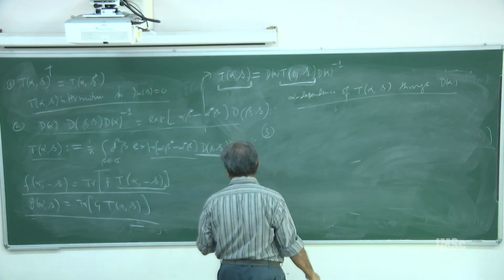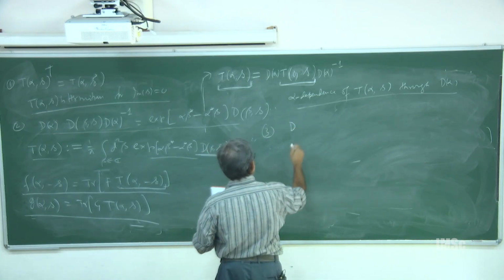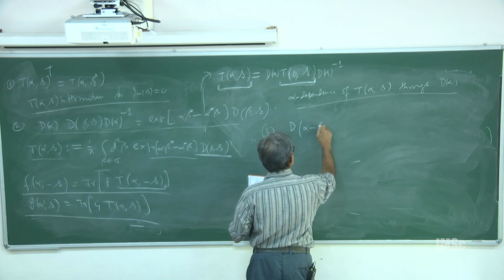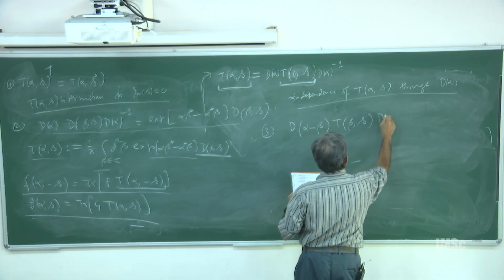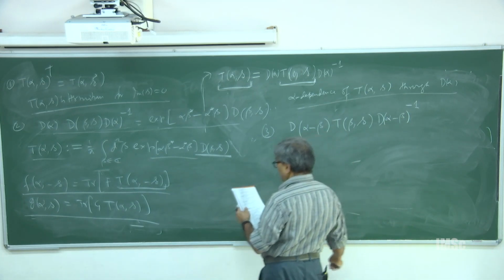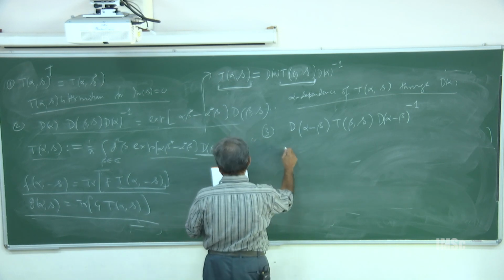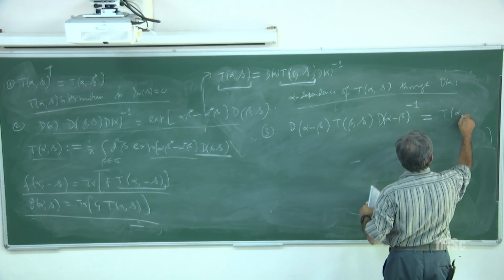Number 3. Now, it is a little bit more involved: d of alpha minus beta T of beta s d of alpha minus beta inverse, inverse means dagger, is equal to T of alpha s.